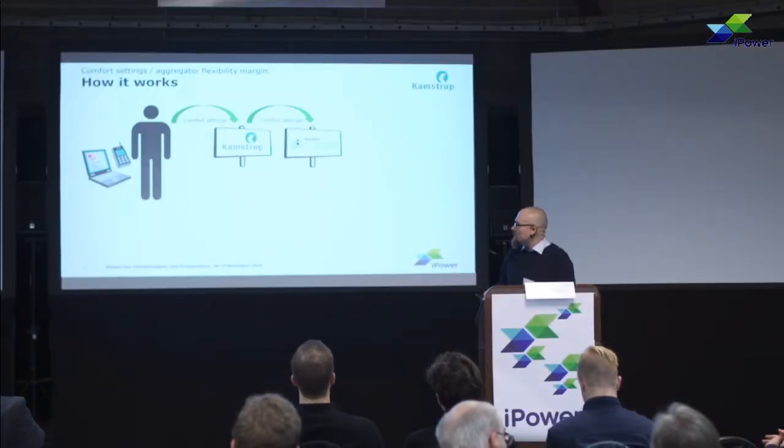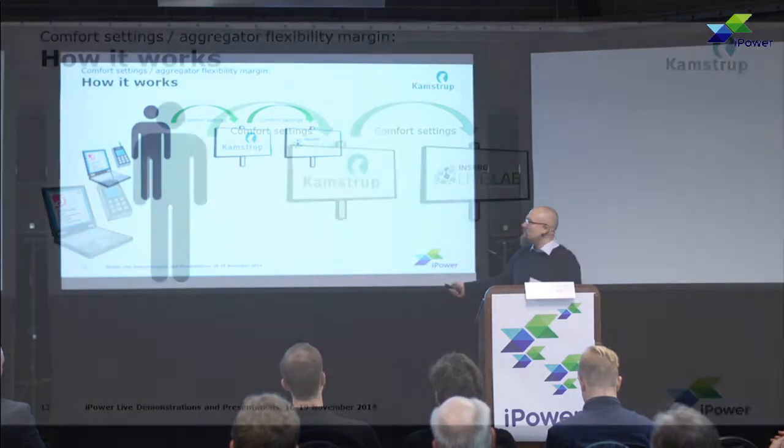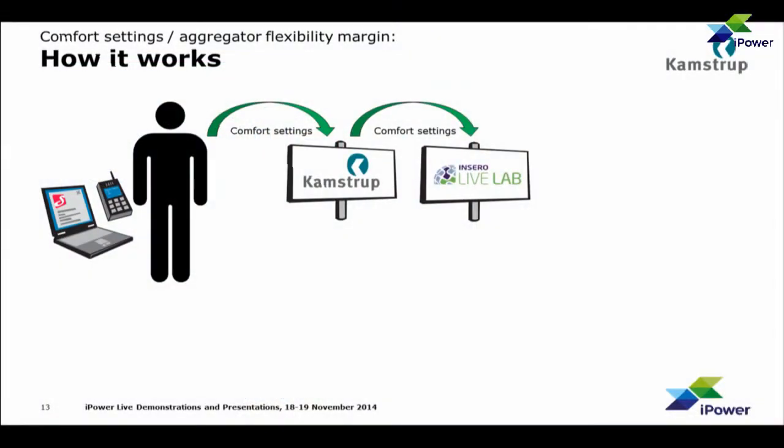In this setup, let me just briefly say, we have what, from the user's point of view, we call comfort settings. Comfort settings are actually flexibility settings, but the user describes them as comfort settings.